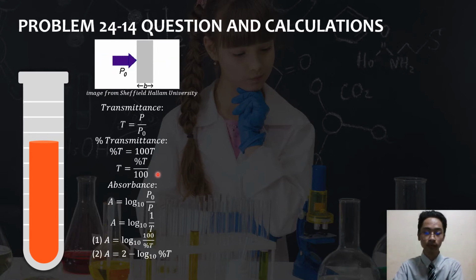So we take the reciprocal of percent T over 100 and substitute it, and we get A is equal to log of 100 over percent T.